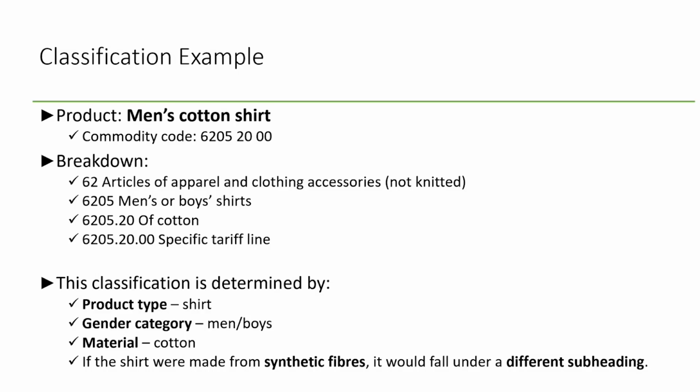So the commodity code determines the licenses, the controls, the duty levels, the safety levels, and what other government agencies need to get involved with the import or export of that product, right? So it's taken very seriously if you get it wrong. And it might not be that you deliberately get it wrong. It's just that you went to the tariff and you chose the commodity code that seemed to be applicable at surface level, but there's another commodity code in the tariff that's actually more applicable, in which case that's the correct commodity code to use.